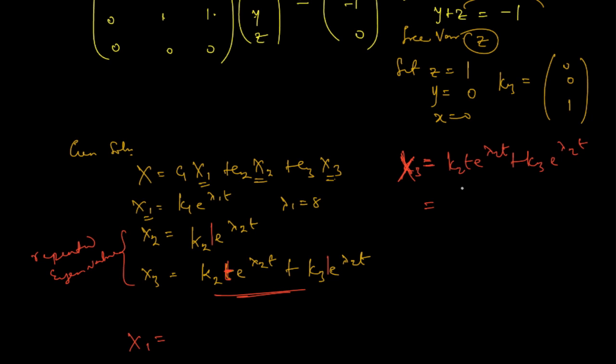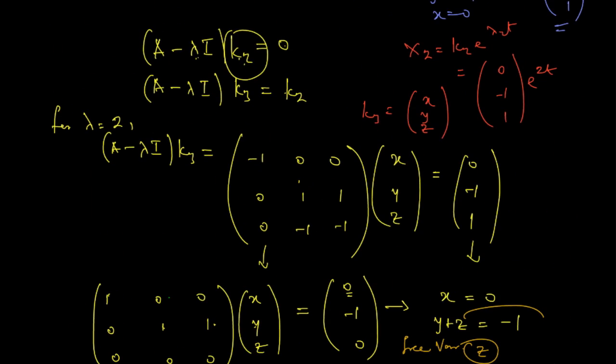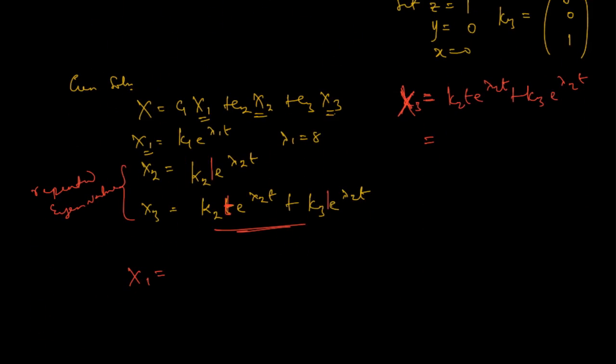What we have for k2 above is 0, negative 1, 1. So that is 0, negative 1, 1 times t e to the power 2t, plus our k3 here, which is 0, 0, 1 e to the power 2t. So now we have our x1, x2, x3.